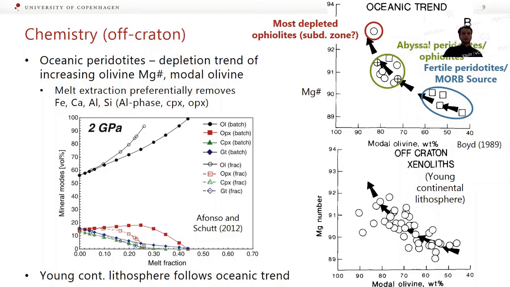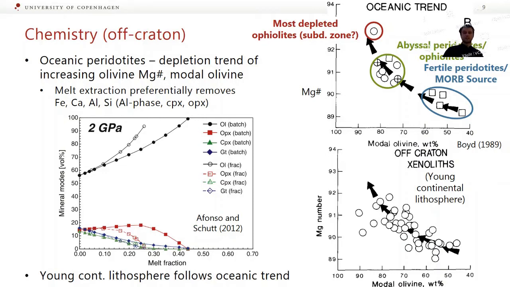So as you melt, you're preferentially removing iron, calcium, aluminium, and silicon relative to magnesium. So this is essentially dissolving the aluminous phase, spinel or garnet, clinopyroxene, and orthopyroxene, and the residue that you get left is increasingly pure olivine and increasingly magnesium-rich olivine.